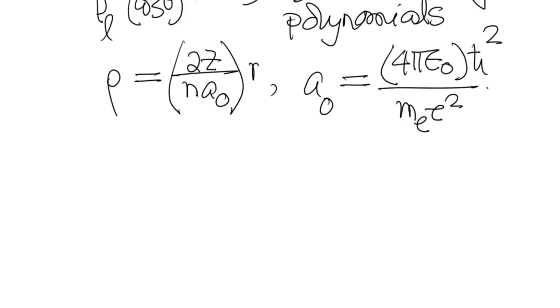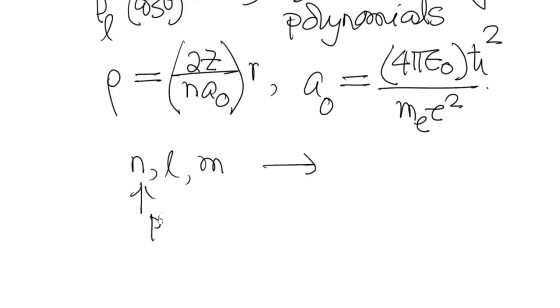The values of small n restrict the values of L, and the values of L restrict the values of M. As a result of these restrictions, these three quantum numbers n, L, and M are the quantum numbers.